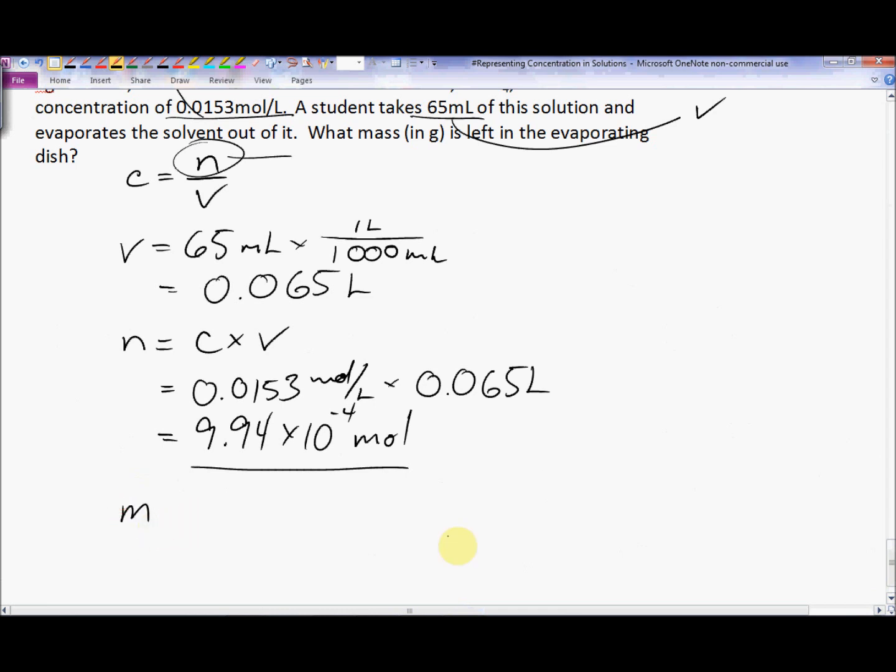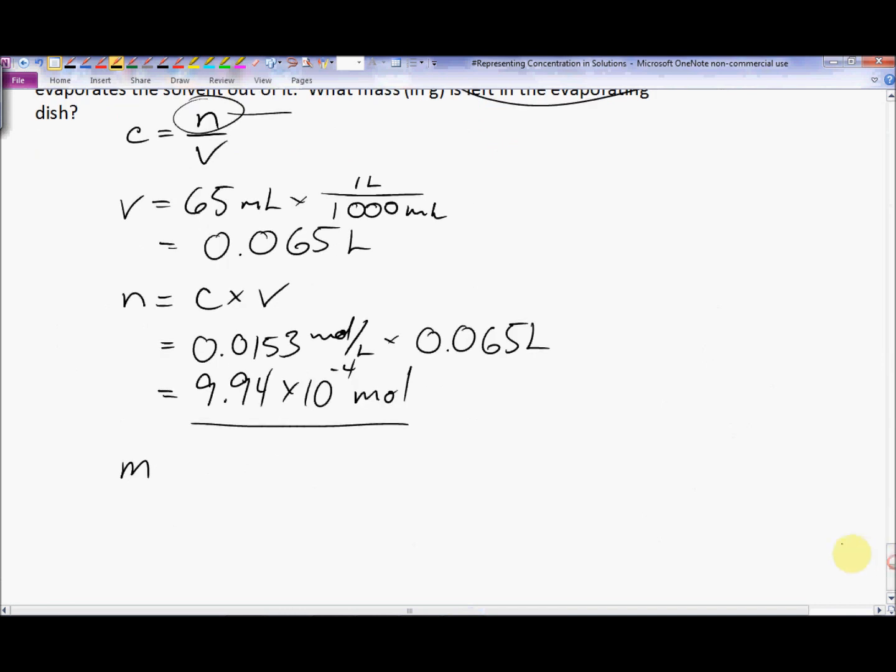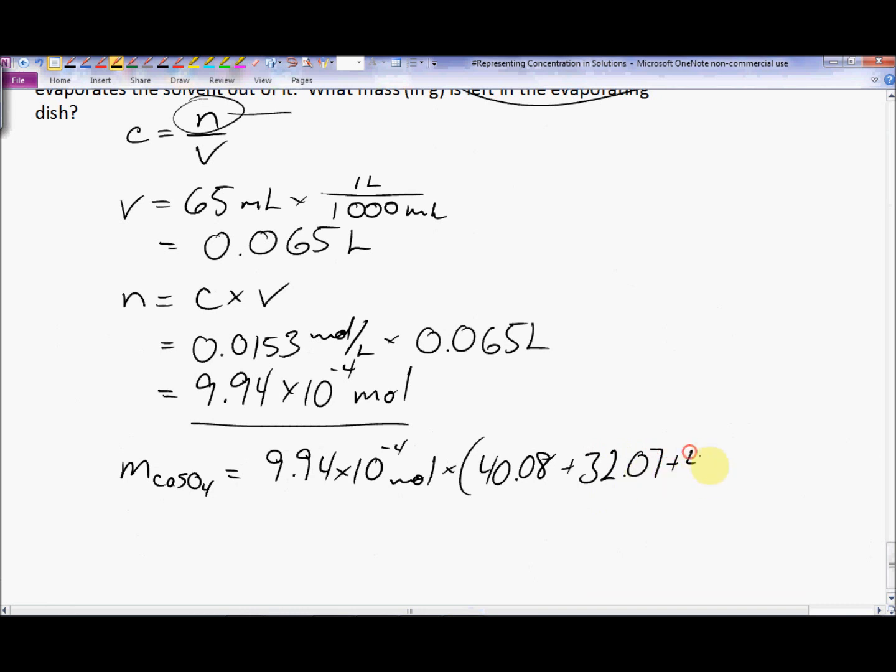So the mass of CaSO4 is going to be our 9.94 times 10 to the negative 4 moles times mass of calcium plus mass of sulfur plus 4 times mass of oxygen, grams per mole. And that works out to be 0.135 grams.